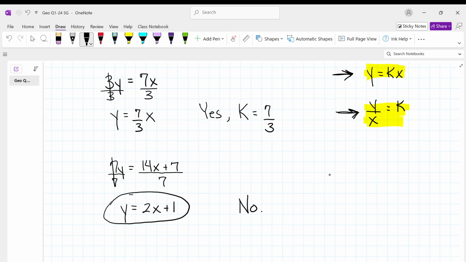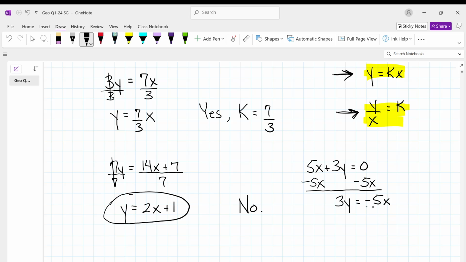Let's look at one more. 5x plus 3y equals 0. If we were to subtract 5x from each side here, we would get 3y is equal to negative 5x.